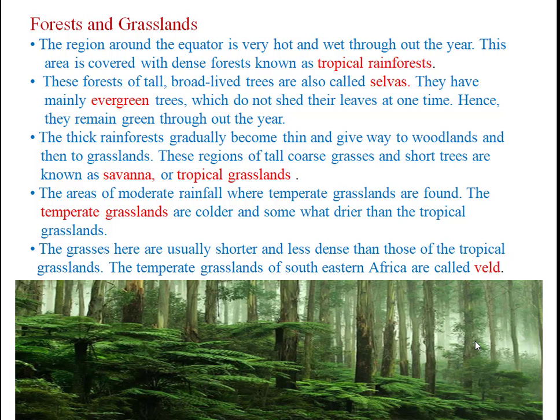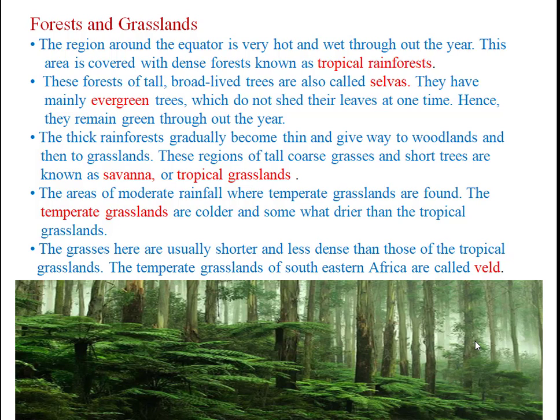These forests of tall, broad-leaved trees are also called selvas. They have mainly evergreen trees which do not shed all their leaves at one time. Hence, they remain green throughout the year.